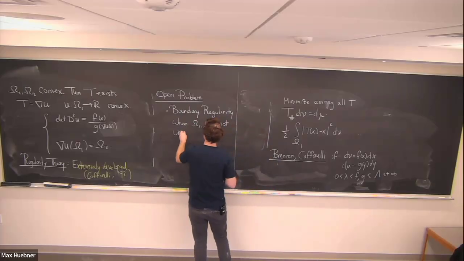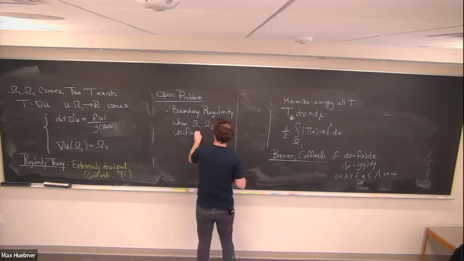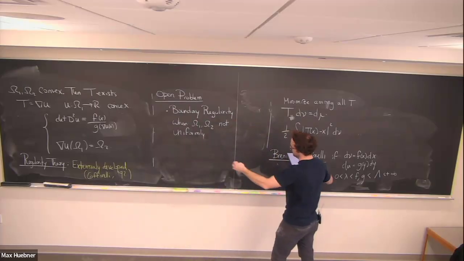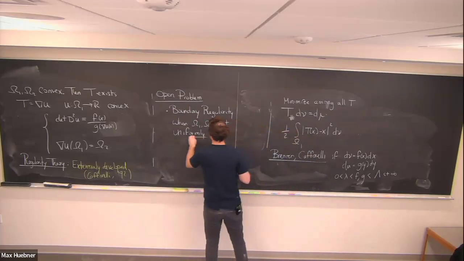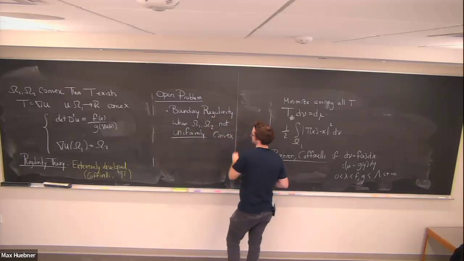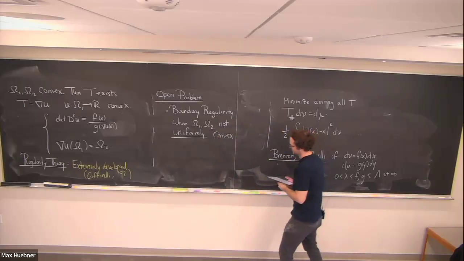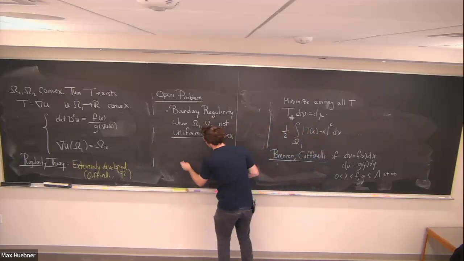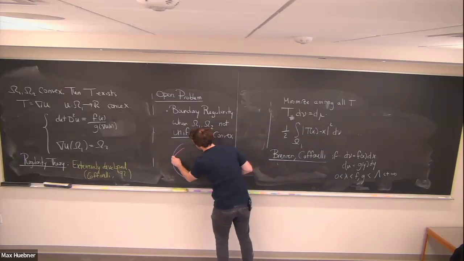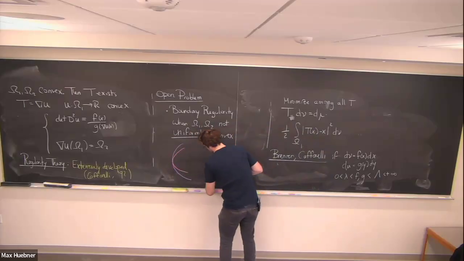So uniform convexity is the statement that you can touch the domain from the inside and the outside by some ball or by some pair of balls. So for example, polytopes are not uniformly convex. Uniform convexity is something like you have some huge ball and some small ball, and the domain sits in between these two.